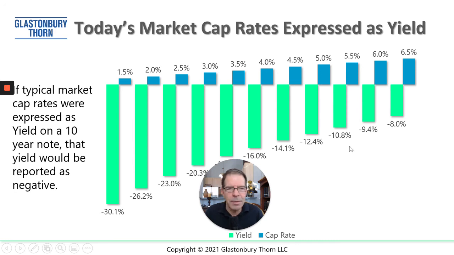You would no way buy that note because a 1.5% cap rate equates to a negative 30.1% yield. You're losing money if that were the amount of money you were collecting on a note. And so you can see it's a completely different world.